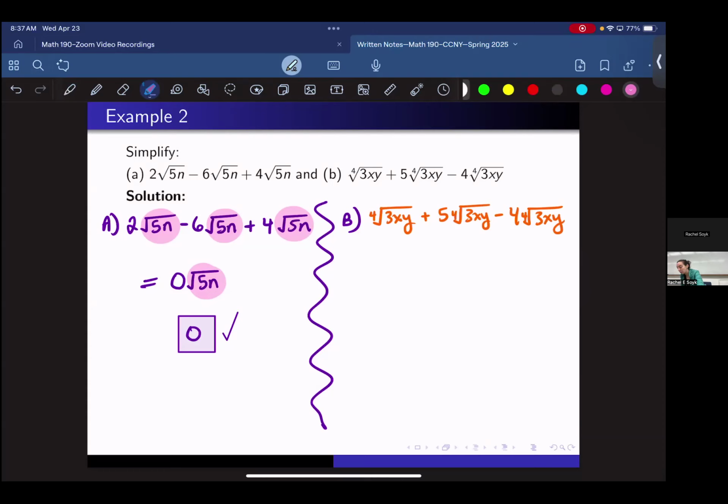Our whole fourth root of 3xy. That way we're just going to look at our coefficients to simplify from there. The coefficient of that first term is just 1. What's 1 plus 5? 6. And what's 6 minus 4? 2.